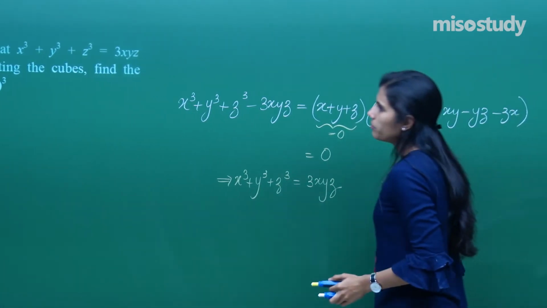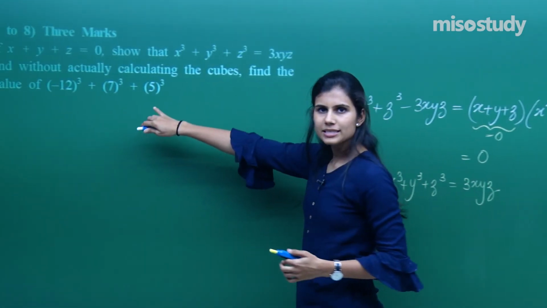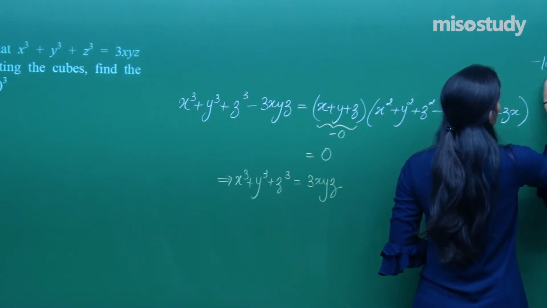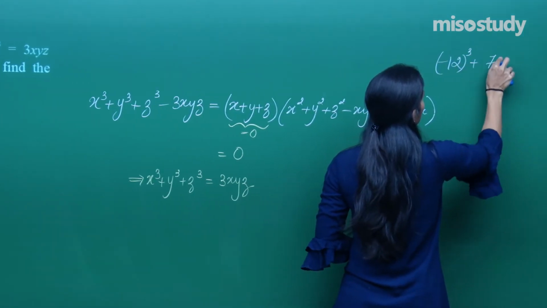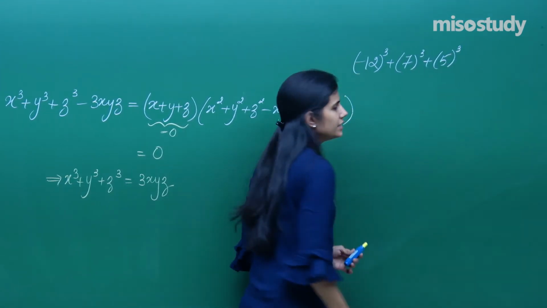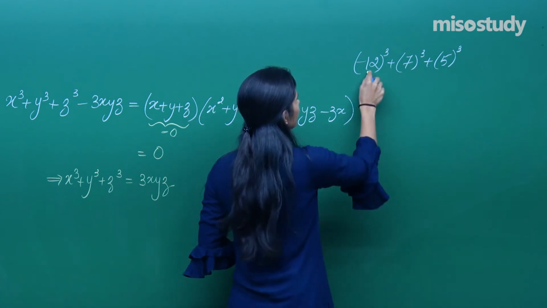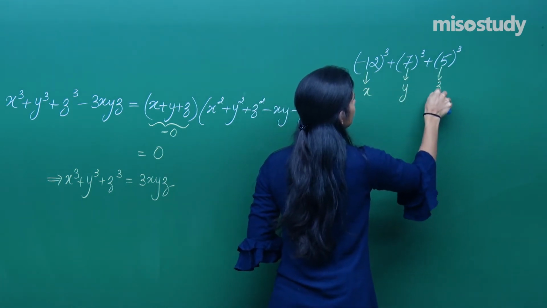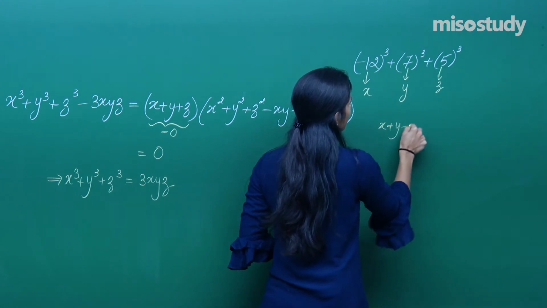It is minus 12 cube plus 7 cube plus 5 cube. So let's write it down. Minus 12 cube plus 7 cube plus 5 cube. Try to focus upon the numbers carefully. If I take this as x, this is y, this as z, what is x plus y plus z?